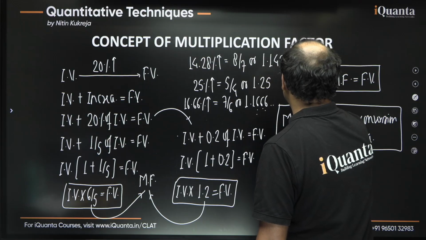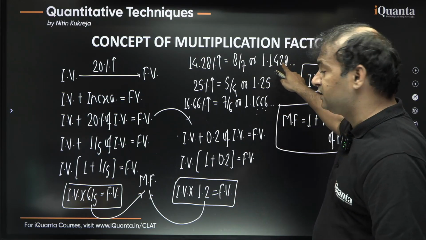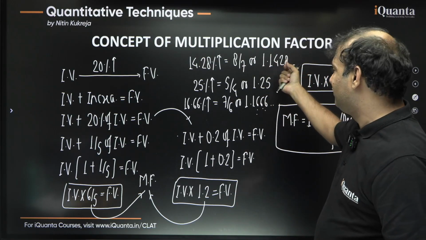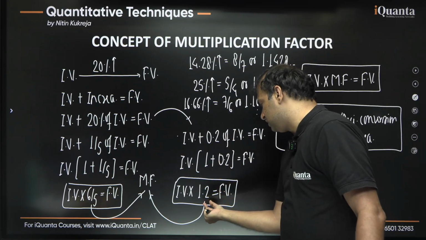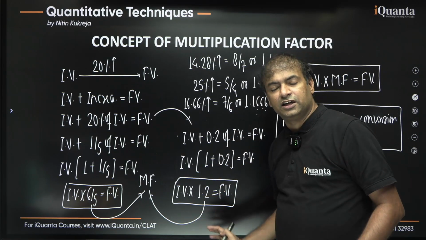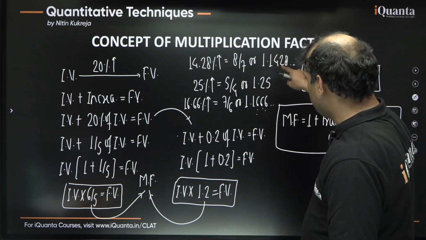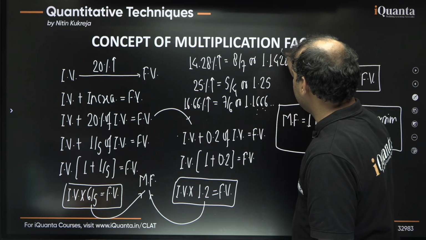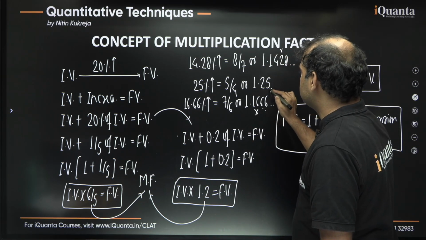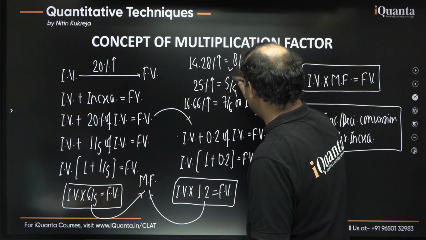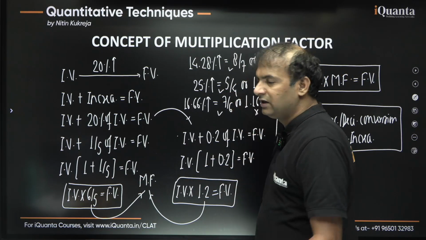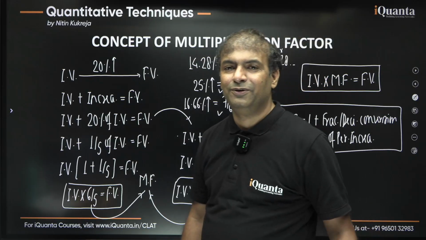And first of all, it's not easy to find this multiplication factor. And second, even if you find it, if you put this here, it will not be easy to calculate as well, right? So because of both the reasons, we are going to avoid the decimal multiplication factor in all the problems, and we'll be preferring the fraction multiplication factor in all of the problems.